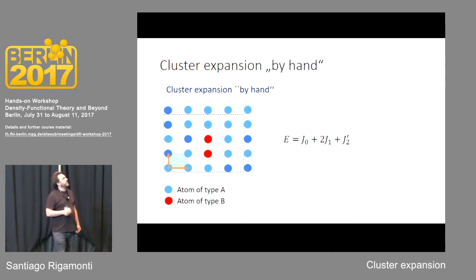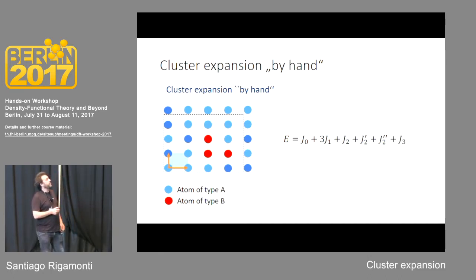Therefore, we now estimate the energy by the pristine energy plus twice having an atom B plus another 2-point interaction that we now call J2 prime. Therefore, again, making the difference, we can get this parameter. Then you can put it there, and we get another parameter in the same way.